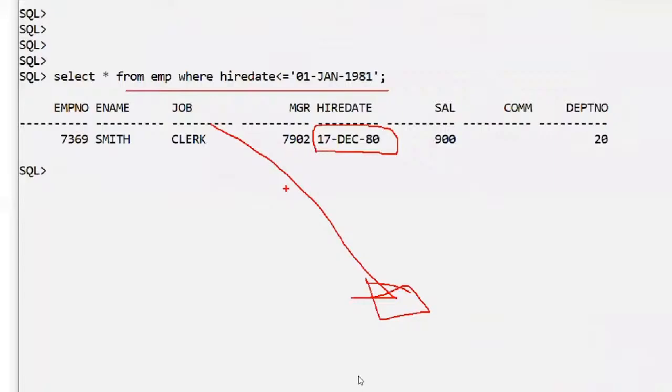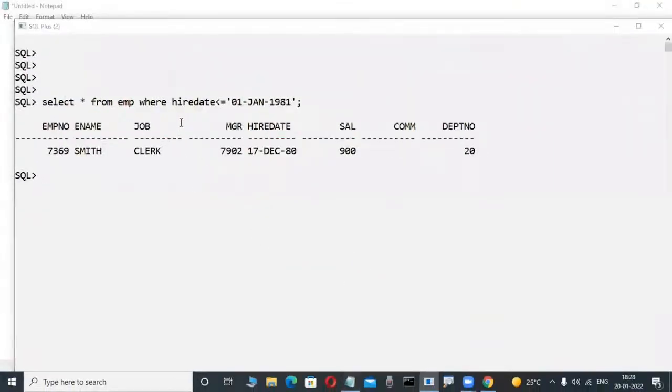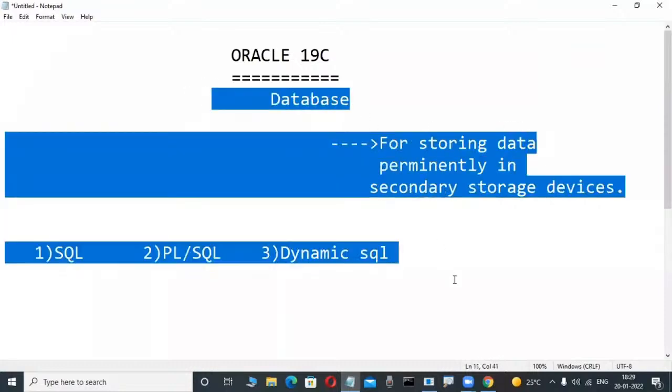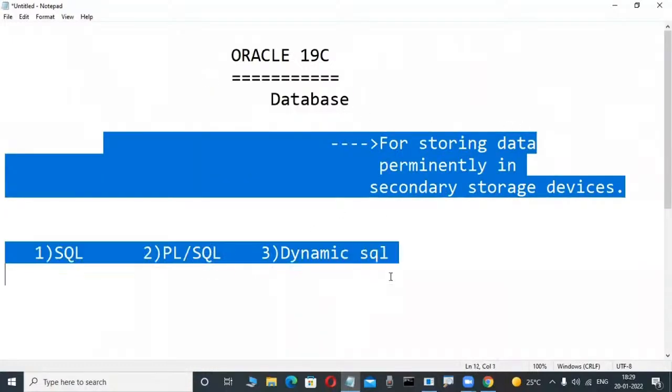That's why efficient data retrieval is most powerful, and it is possible through these databases and languages.